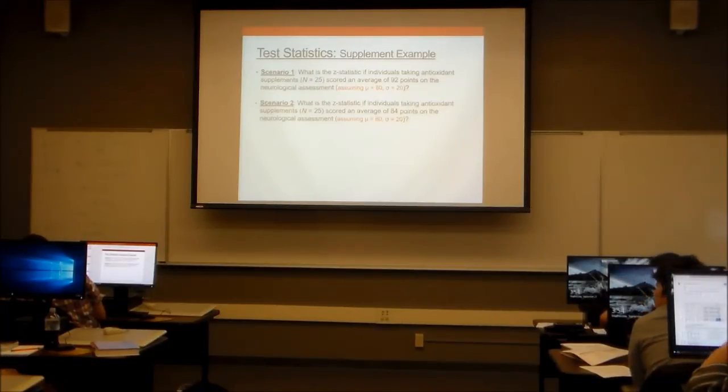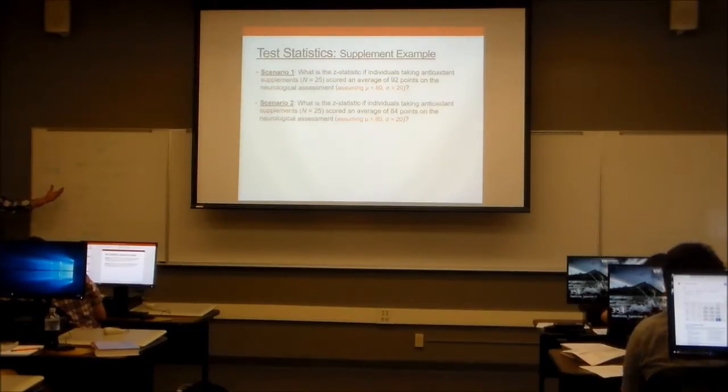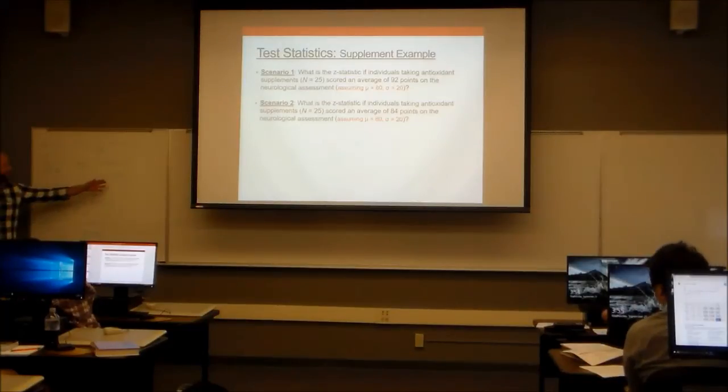Well, we could just look at our confidence interval, right? Is 80 in there? Nope, right? So this is a range of plausible values for the average cognitive functioning in the population of individuals taking antioxidant supplements. We're saying that values that are consistent with these data range from about 84 to about 100, right?